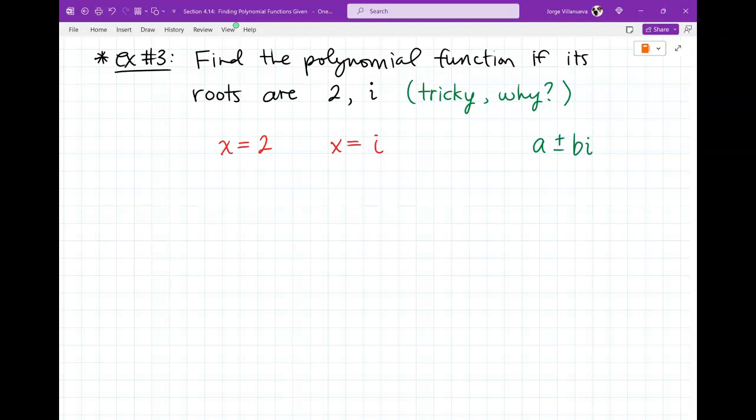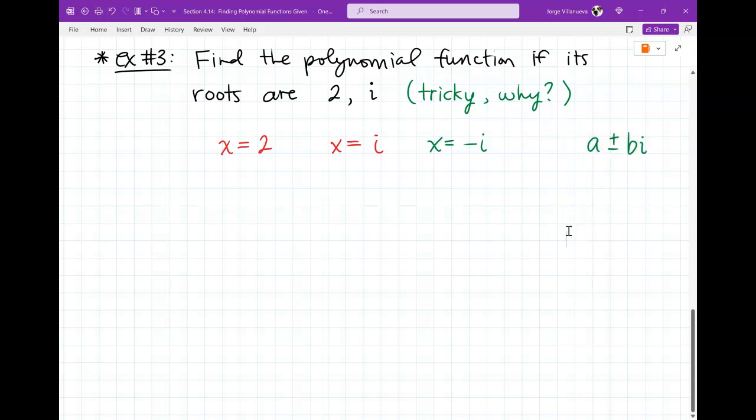Complex numbers always had a plus minus. That means that even though you don't see it, there's one more answer there. Okay? Even though you don't see it, there is one extra answer.